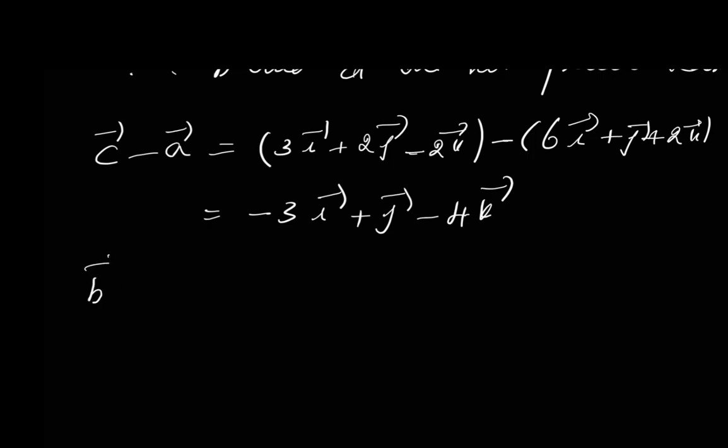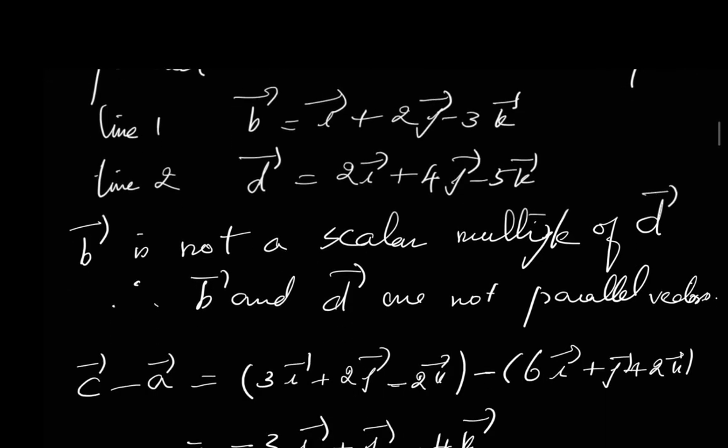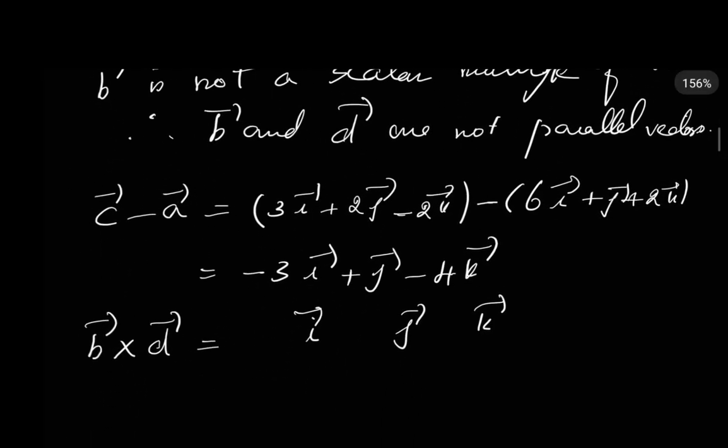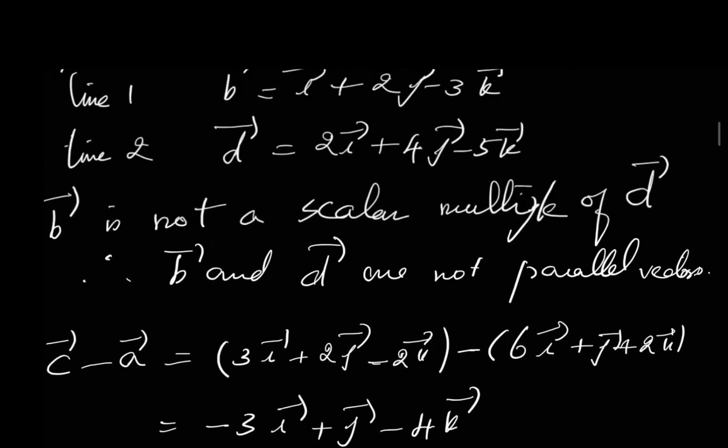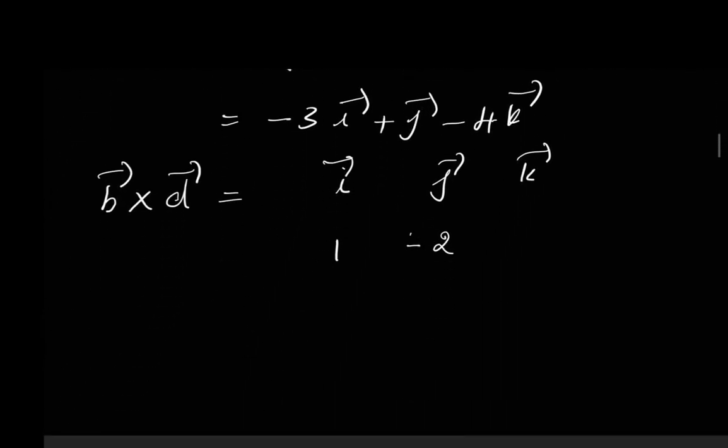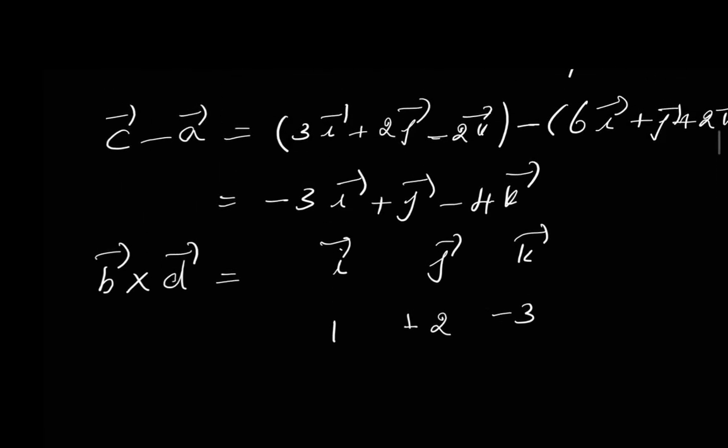Take B cross D, vector B cross vector D. How to find the cross product of this? i, j, k. Vector B is the first parallel vector: i plus 2j minus 3k, that is 1, 2, minus 3. Next is vector D: 2i, that is 2, 4, minus 5.